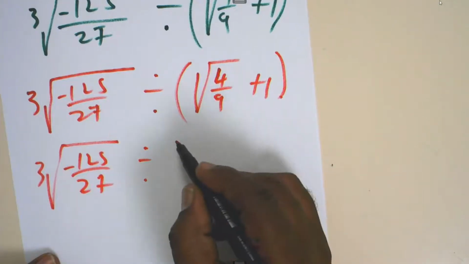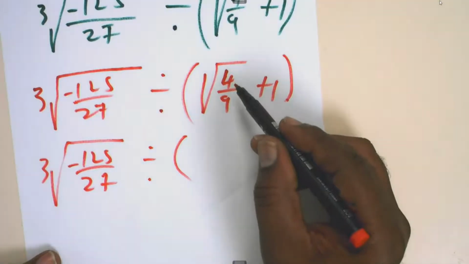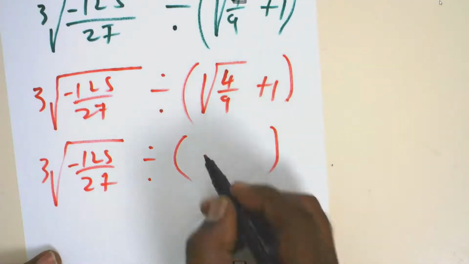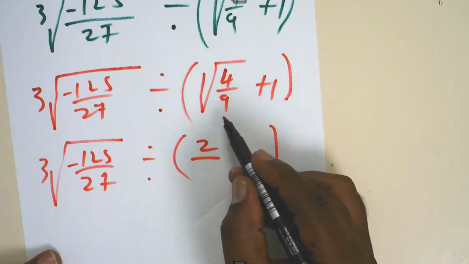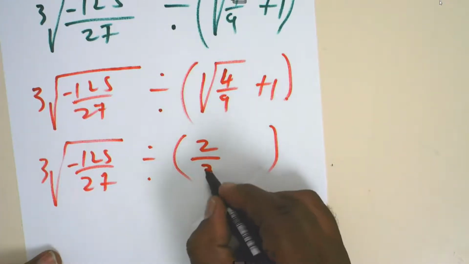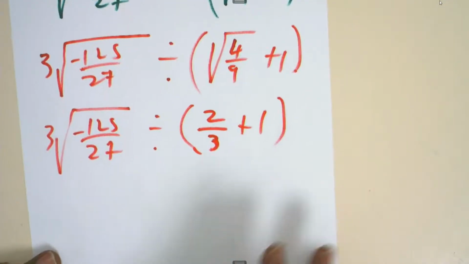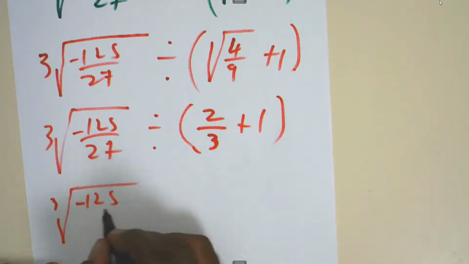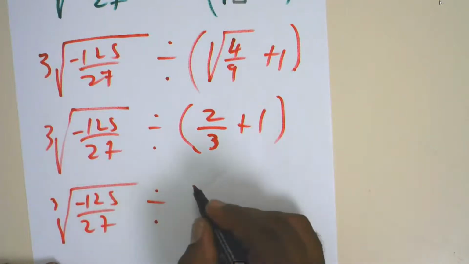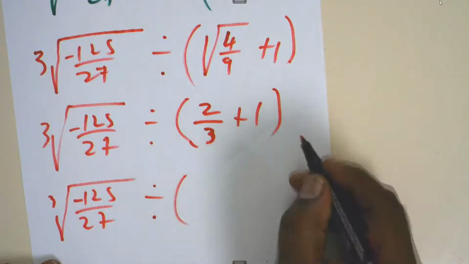So in that bracket, the square root, the number that makes 4 a square is 2. The number that makes 9 a square is 3, which is called a square root, plus 1. Again, remember, dealing with our fractions, we still have to work in the bracket. We spoke about LCM earlier on.